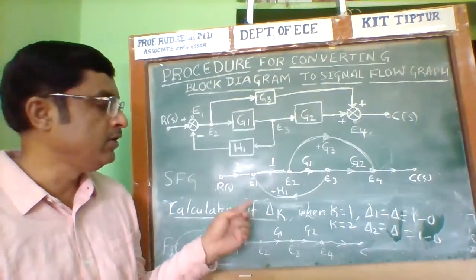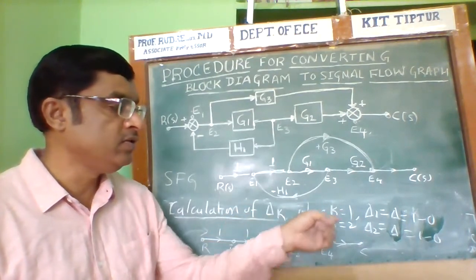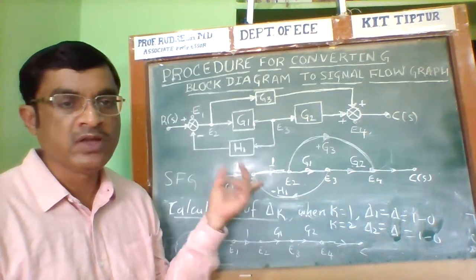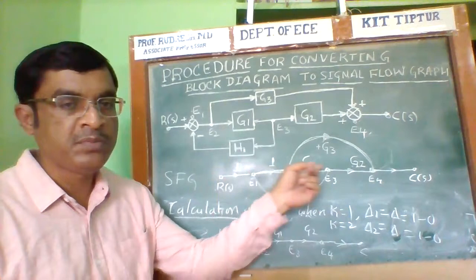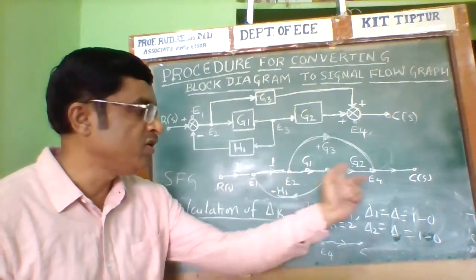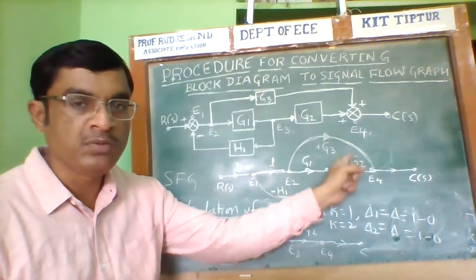Here, what is delta K? K is taken as 1 and 2 because K is the number of forward paths. There are 2 forward paths here. This is the first forward path, and this is the second forward path.